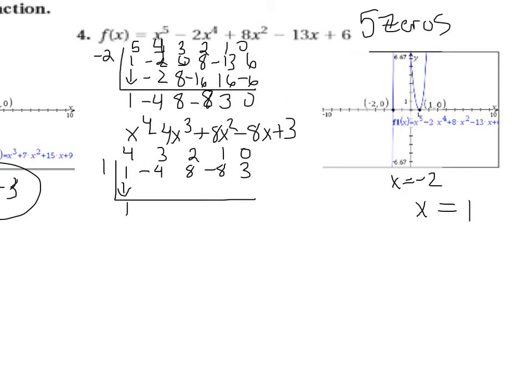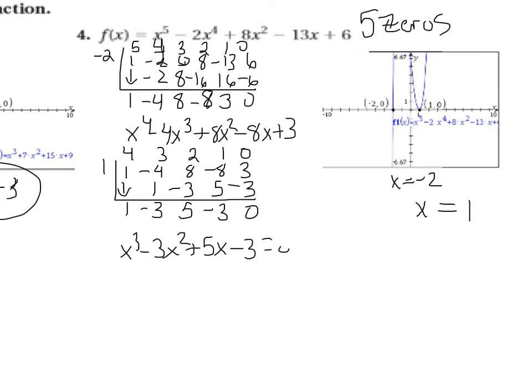So you get 1, 1, negative 3, negative 3, 5, negative 3, negative 3, 0. Okay. So if I write this polynomial, so I have two of them still, so I have this polynomial: x to the third minus 3x squared plus 5x minus 3 equals 0.